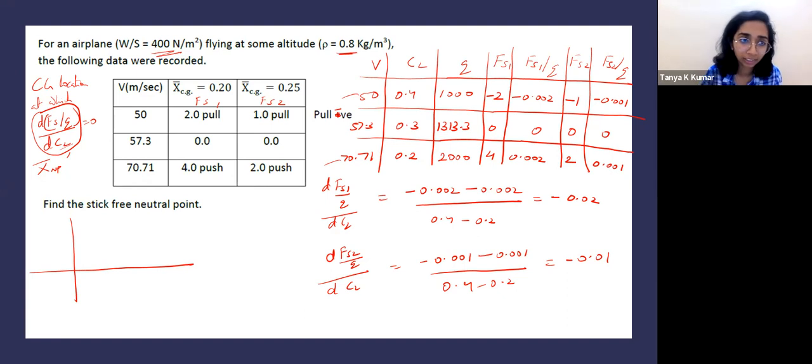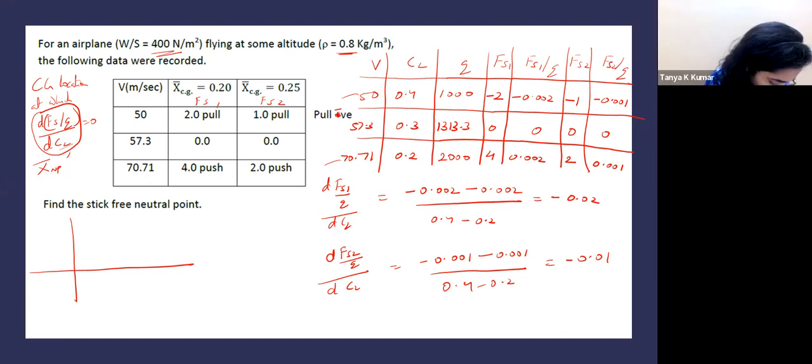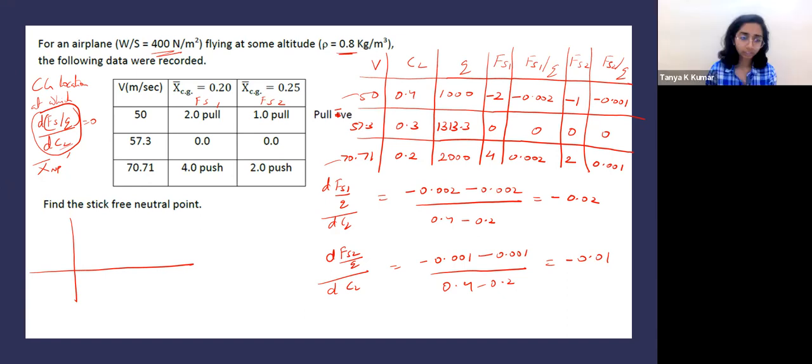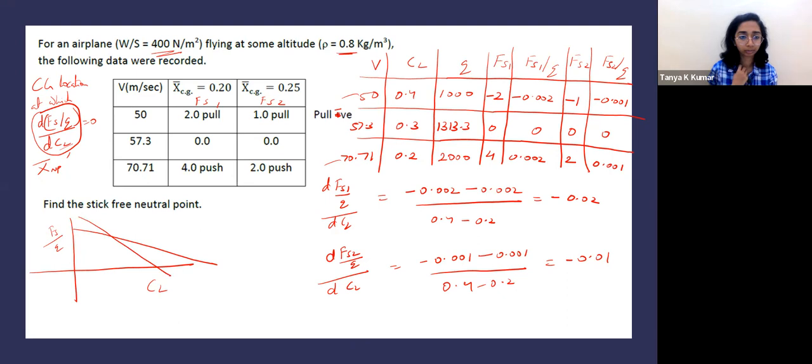You're not audible. I can't hear you. Ma'am, for the x-axis, we will take the values of CL, and for the y-axis, we will take the values of FS by Q. Okay. So that is the graph that we just drew, right? So that is FS by Q and this is CL. We got something like this. Yes, ma'am. So how will we try to find out the neutral point from here?